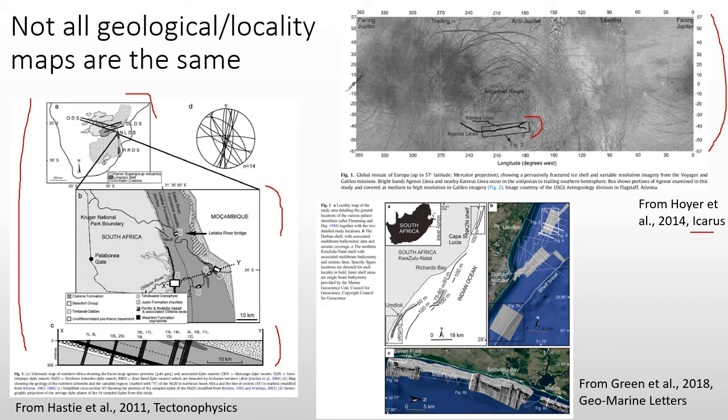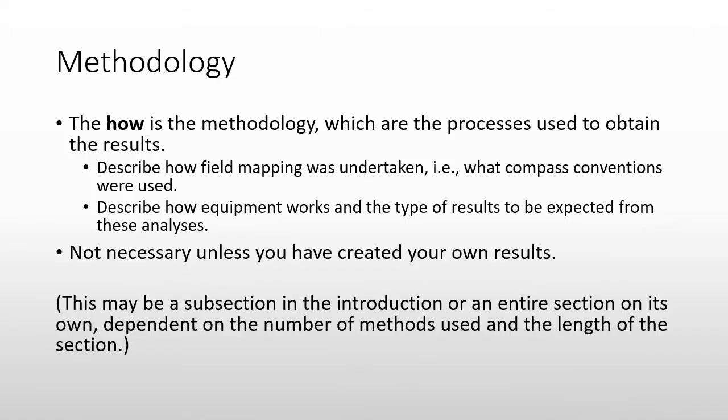And then this one here is from a paper from Prof. Green and others, showing an area on the KZN shelf where they are looking at seismic lines and bathymetry data. So you can see here there's South Africa, there's the regional environment, and then zooming in on those different areas to show where the results are actually occurring. So be creative. You don't have to just stick with whatever ArcGIS spits out for you.